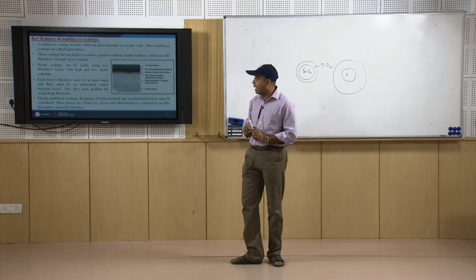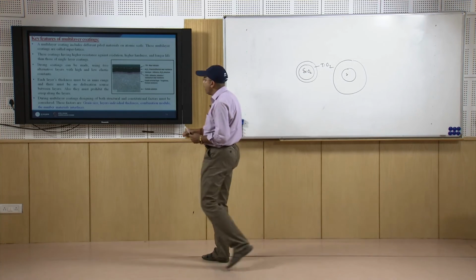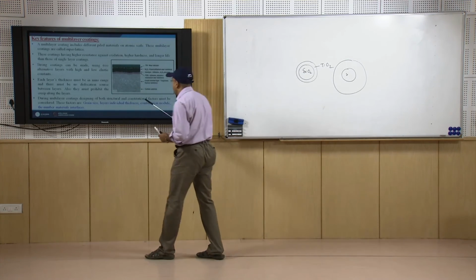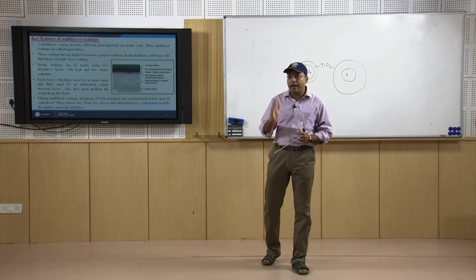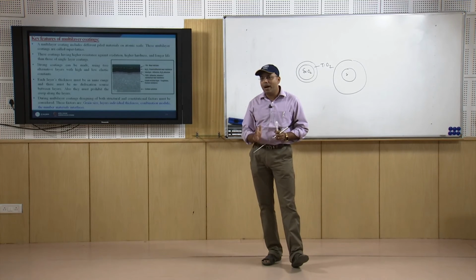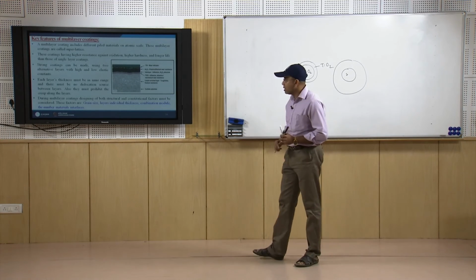And not only that, during multilayer coating, both structural and constitutional factors must be considered in the design. These factors are grain size, individual layer thickness, combination modulus, and the number of material interfaces. These are the key important parameters when we do multilayer coating onto our substrate.